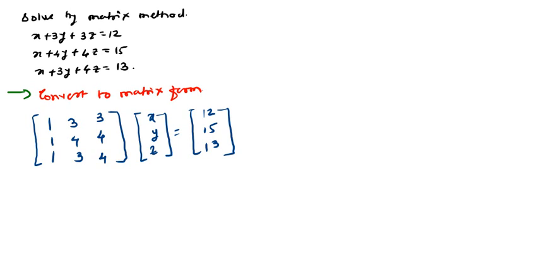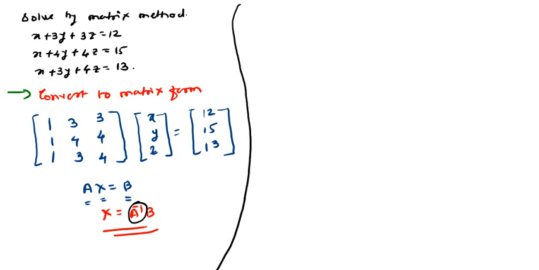So finally what we have got is AX is equal to B, where A is the matrix of coefficients, X is the matrix of unknowns and B is the matrix of constants. Our aim is to find this matrix X, and that will be given by A inverse into B. So we need to find this matrix A inverse, and that we will find using the adjoint method.